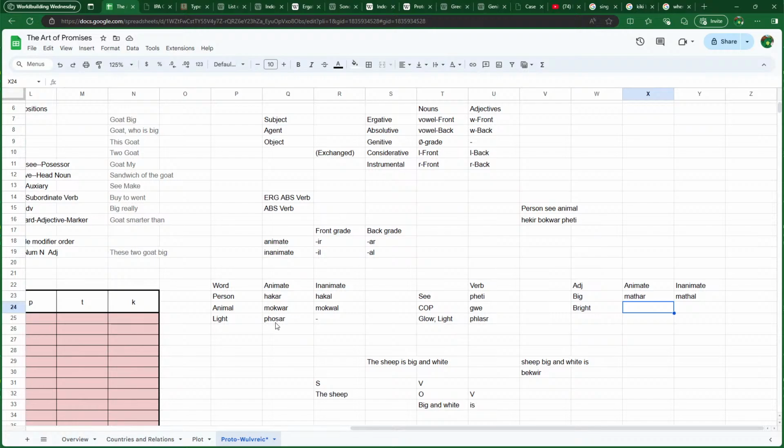Bright. So we've got sort of a line of reasoning here. So light, pulsar, or often light would be, no, this is still absolutive, right? I don't think light would have an ergative form. Actually, no, it would, because light hurts my eyes.